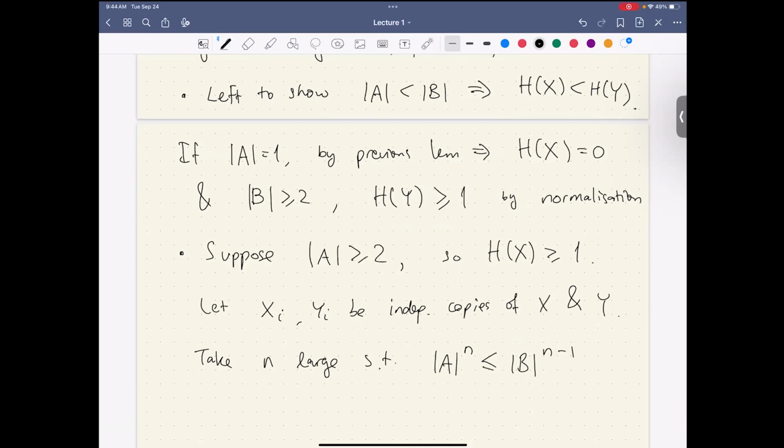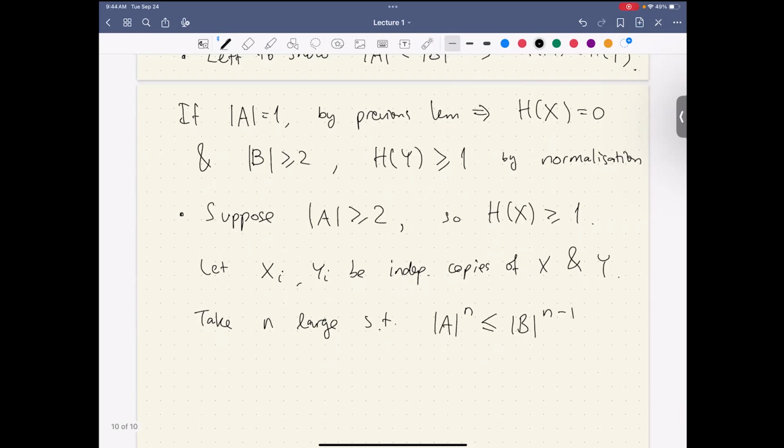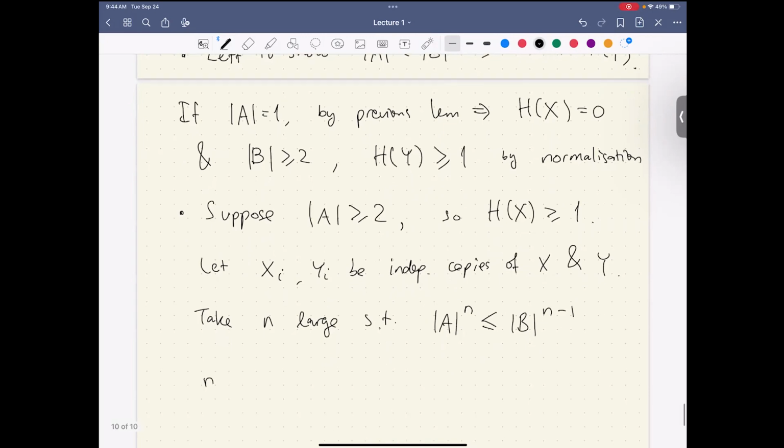This is possible since B over A is strictly bigger than 1. Then what do we know? Let's look at the joint entropy of X1 to Xn, n independent copies of X, and the entropy of n minus 1 independent copies of Y. What is this random variable distributed as?